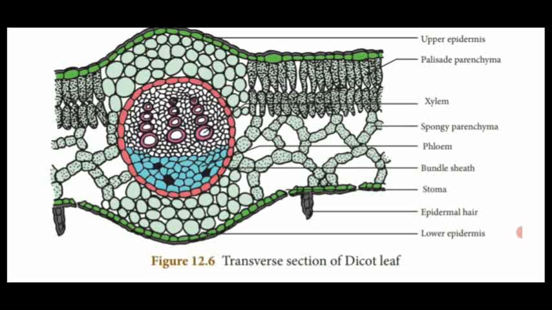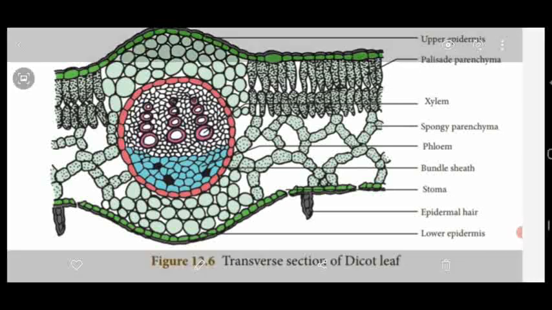But here in the dicot leaf, somewhat changes. Xylem is facing the upper epidermis and the phloem is facing the lower epidermis. The parenchymatous cells surrounding the vascular bundle are called the bundle sheath.